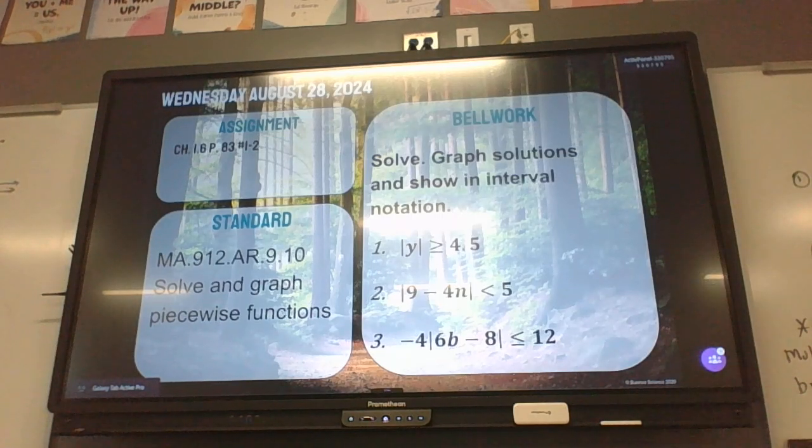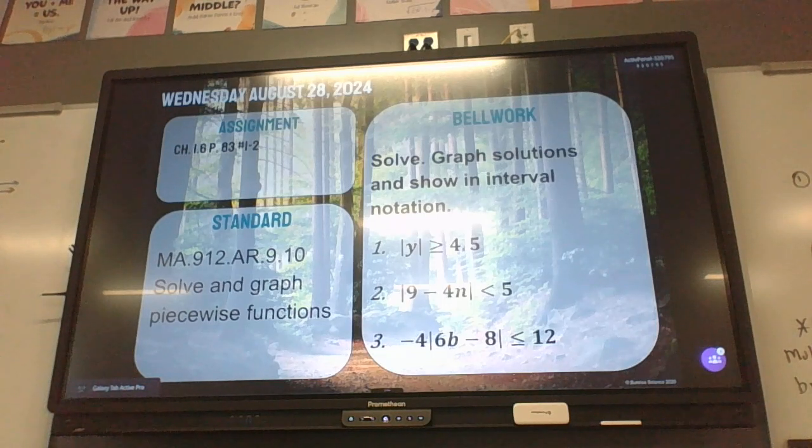If this had been a closed circle, it would be bracket 1, comma 7 over 2 bracket. Do you get that? You get the brackets? So if it's an open circle, you have to use parentheses.